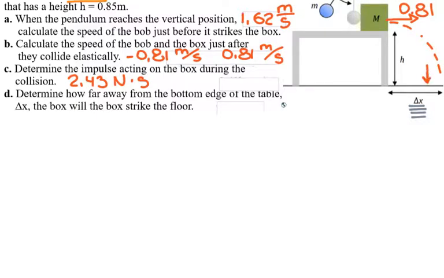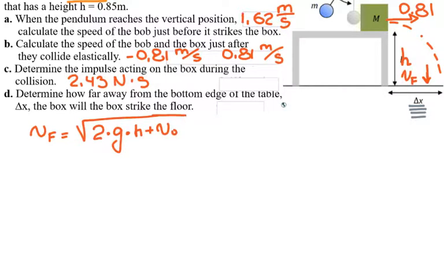I can calculate it from the height and the acceleration due to gravity, using the kinematic formula. The final velocity is the square root of 2 times g times the height, plus the vertical initial velocity, but that one is 0. It has horizontal velocity but not vertical as it leaves the table.